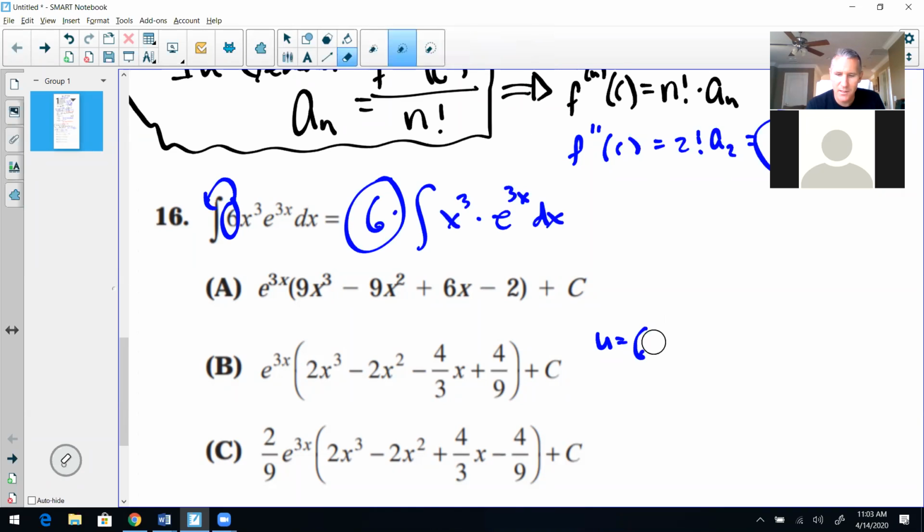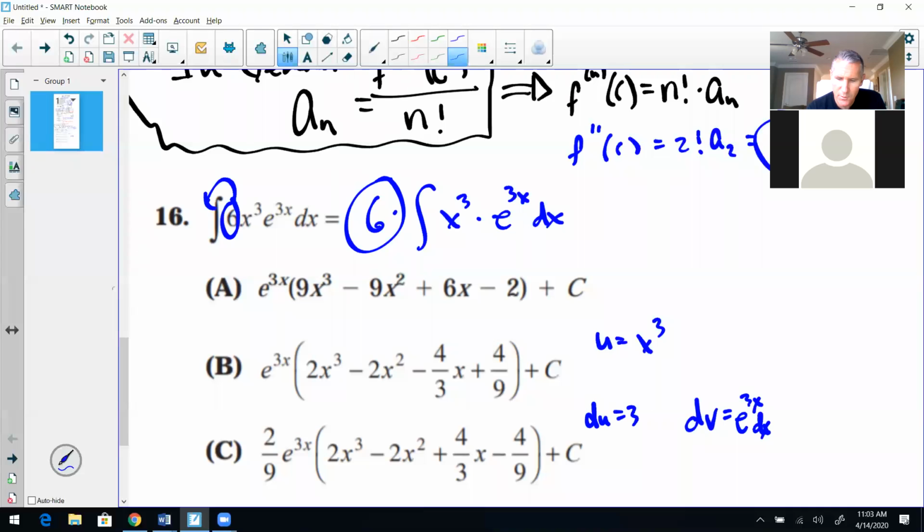So I'm just going to say that u is equal to x cubed and dv is e to the 3x dx. So du equals 3x squared dx and v equals 1/3 e to the 3x.